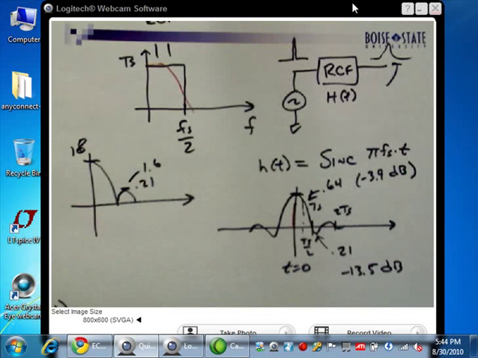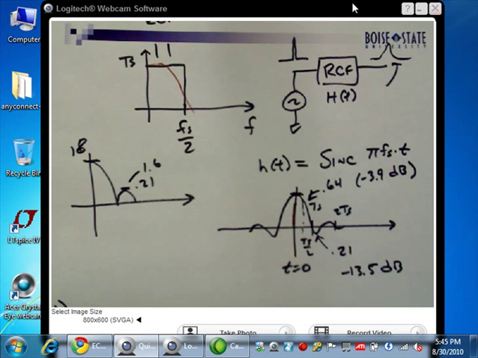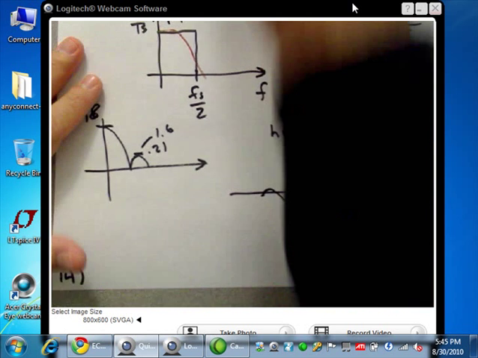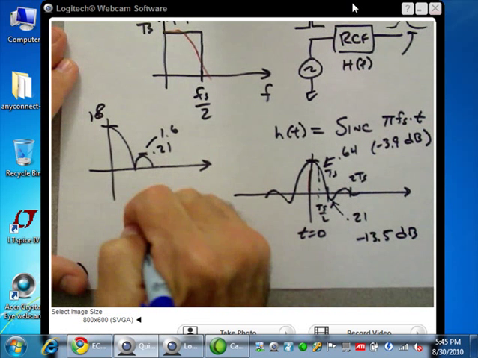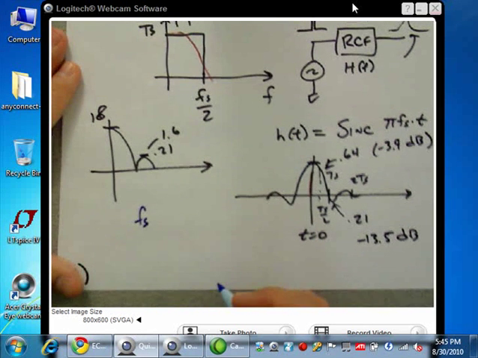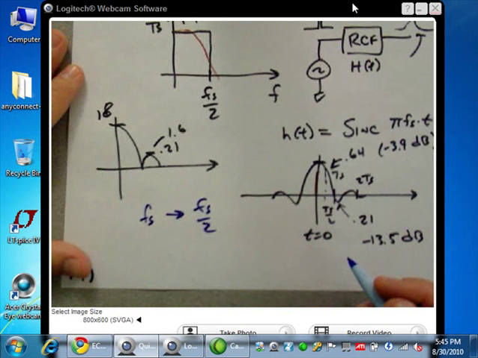Alright, let's do decimation real quick, because I already hit on it briefly. Before I do that, if I want to go from a clock frequency of f sub s to a clock frequency of f sub s over 2, what circuit in hardware should I use?